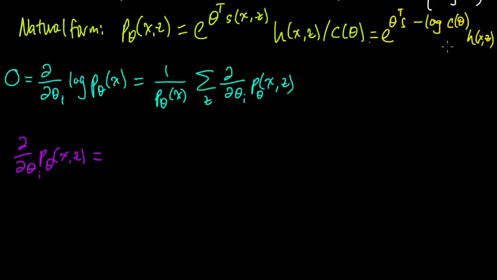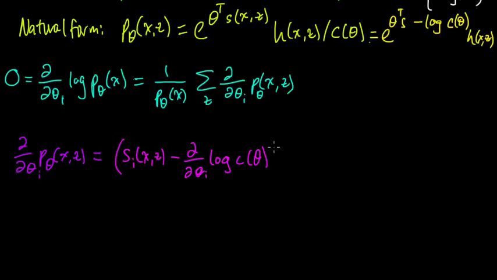And so when we differentiate this with respect to theta, this is a constant, and we get the derivative of the exponent with respect to theta i. And the derivative of the exponent is what? We just get the ith component of s here, so we get s_i of x and z minus the derivative with respect to theta i of log c of theta.